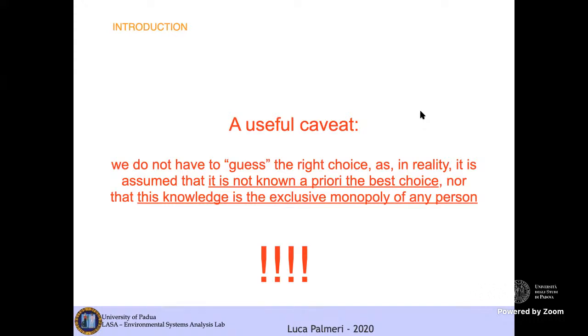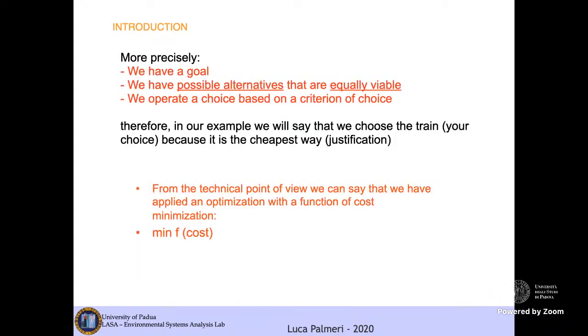So the right choice concerning public decisions, like those in environmental issues, is not the monopoly of any person, and it is not known a priori, but instead we need tools for choosing and evaluating the best choice. More precisely, we have a goal, we have a series of possible alternatives that are equally viable in principle. We operate a choice based on a criterion of choice.